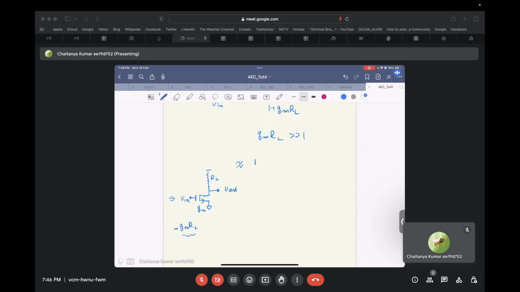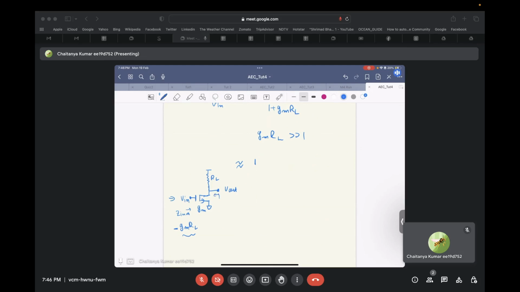If we choose GM RL to be a value greater than 1, then we have a device that can give you gain greater than 1. But the problem is, input impedance is still infinite, but the output impedance is not zero. Let's see what the output impedance is.